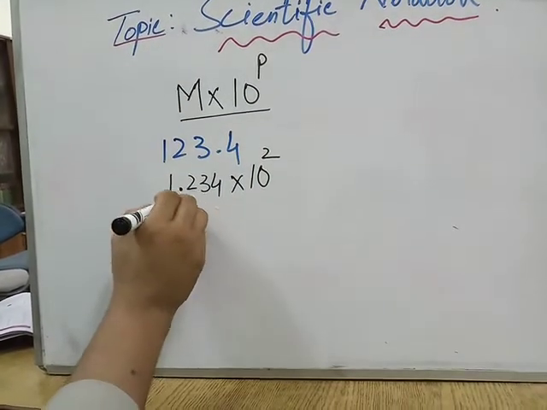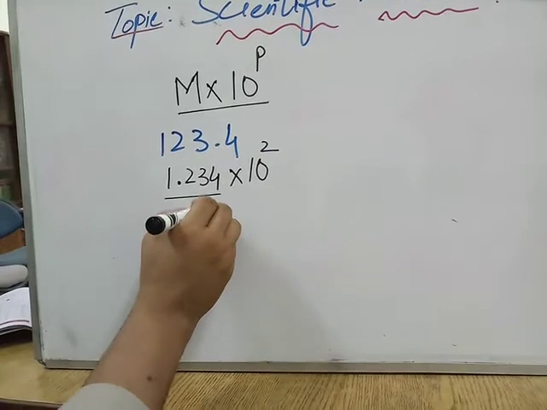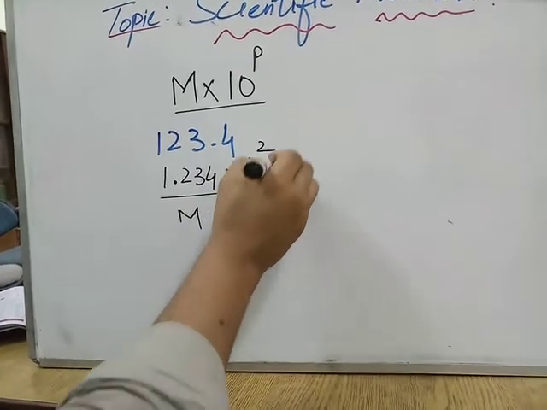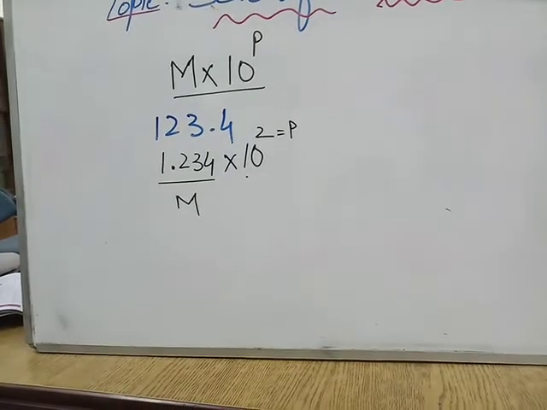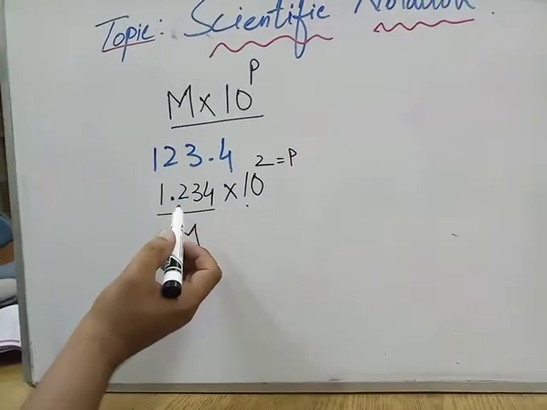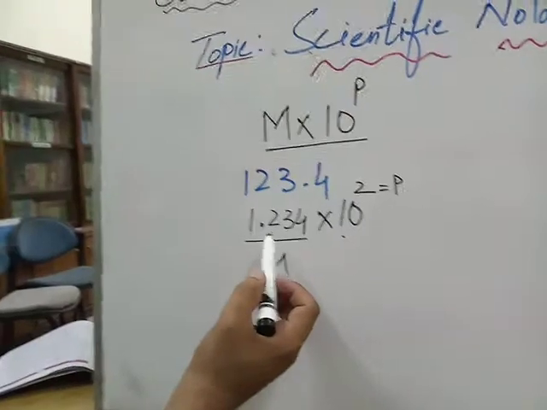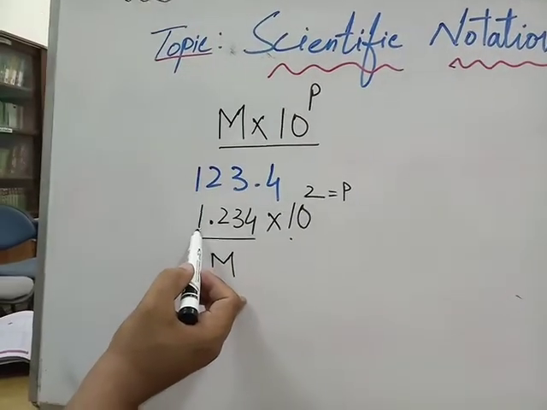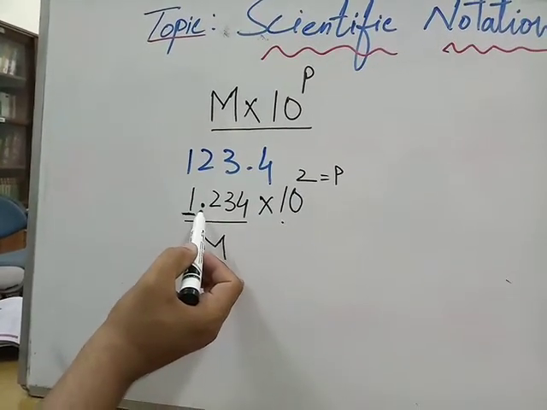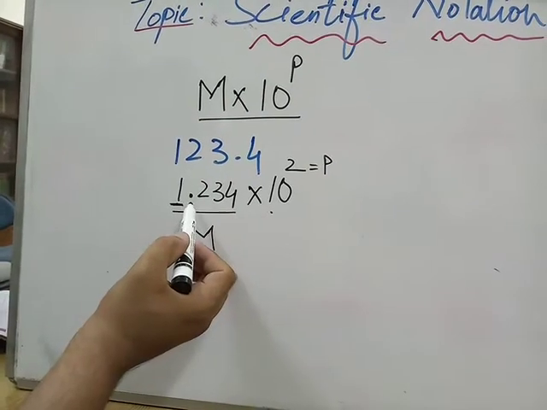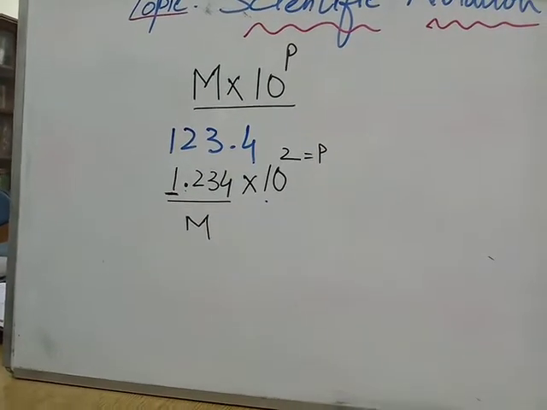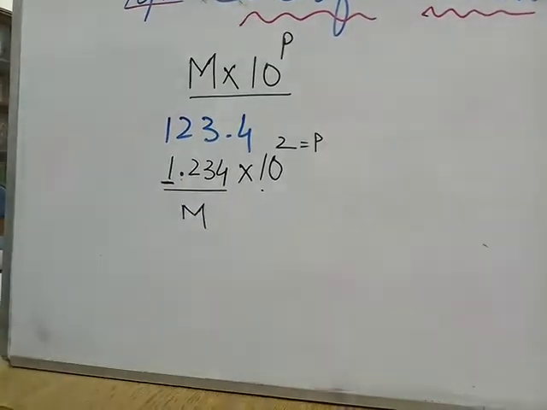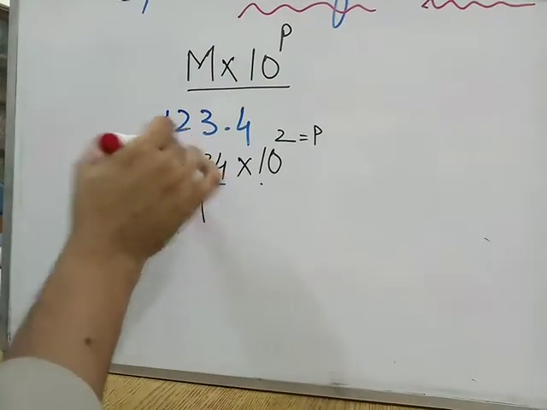So this is m, this is 10, and this is the power p. So in the international system, one non-zero value must be placed on the left side of the decimal.